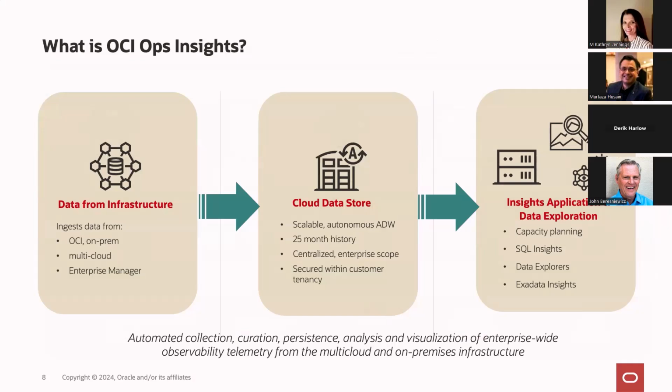We ingest that data from your infrastructure footprint into a highly scalable cloud-based data store. It's autonomous ADW. We can store up to 25 months worth of history across your databases, Exadata systems, and hosts, all in a centralized place.